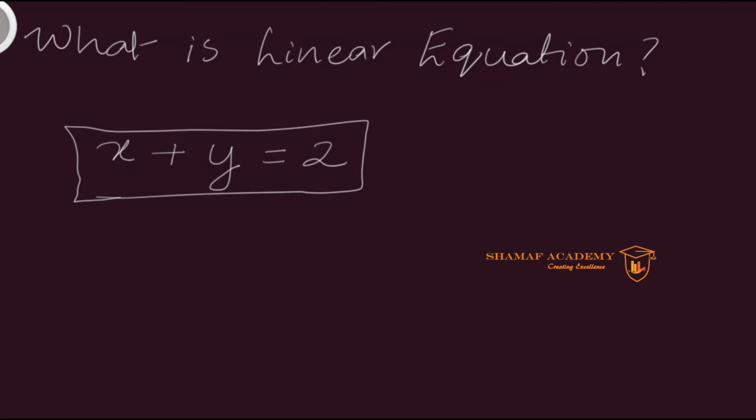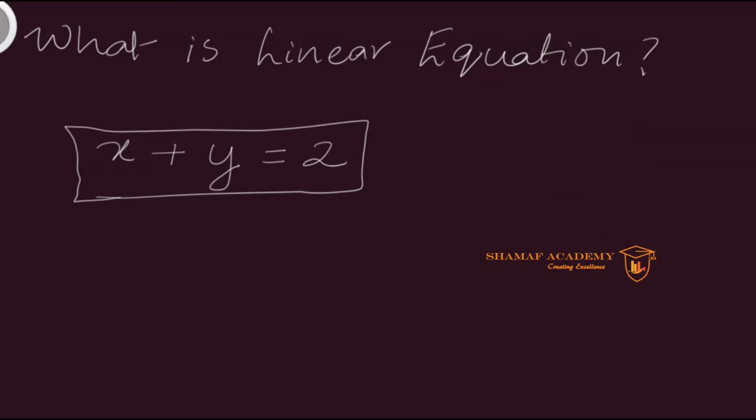Why is it called linear? Because if you were to make a graph of this equation, it will come like a straight line. Suppose this is a graph, it will come like a straight line, or it could be like this or like this, depending on the equation.